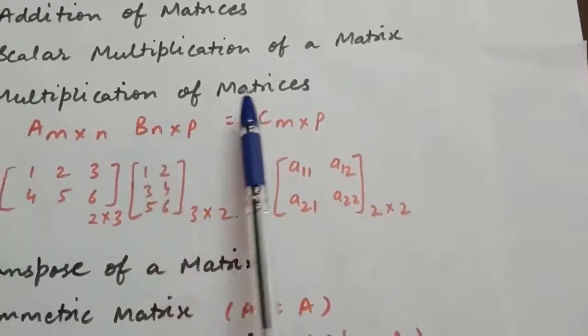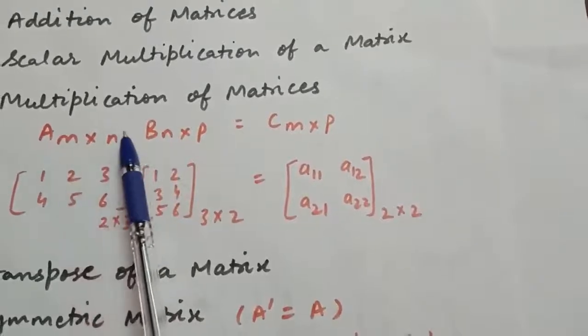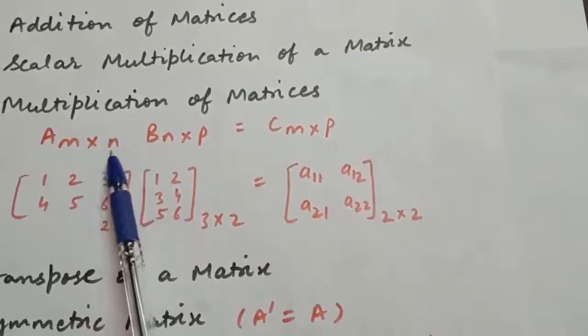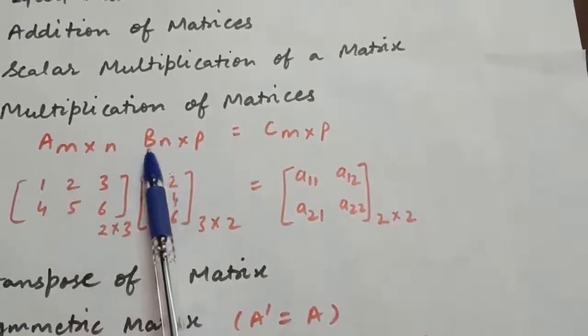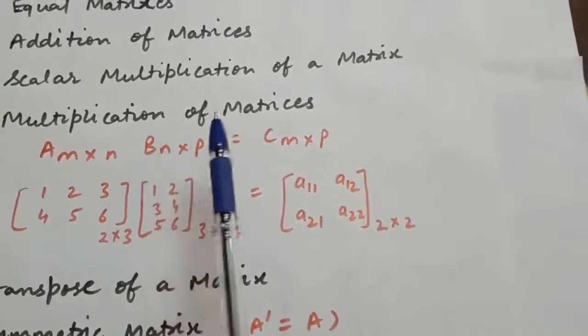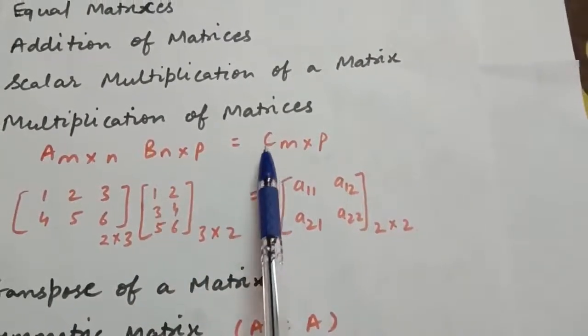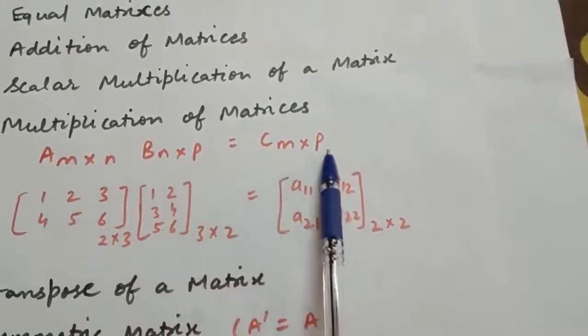Now, multiplication of matrices. To multiply two matrices, you have to see that number of columns of the first matrix should be equal to the number of rows of the second matrix, and the resulting matrix order will be m cross p. Right?